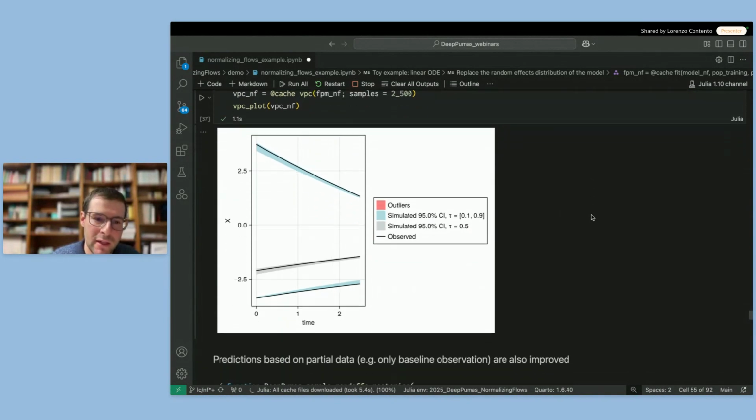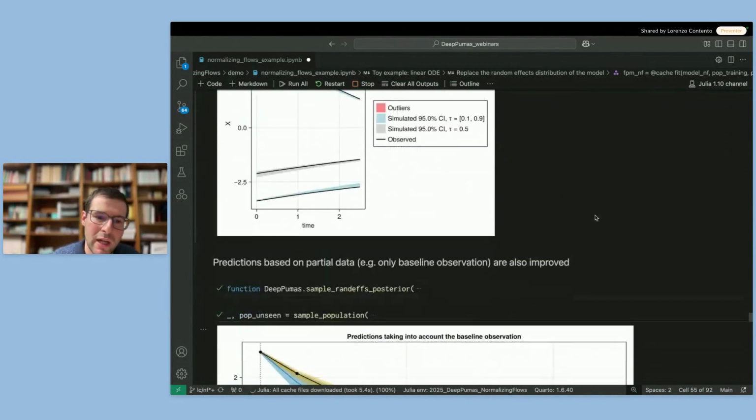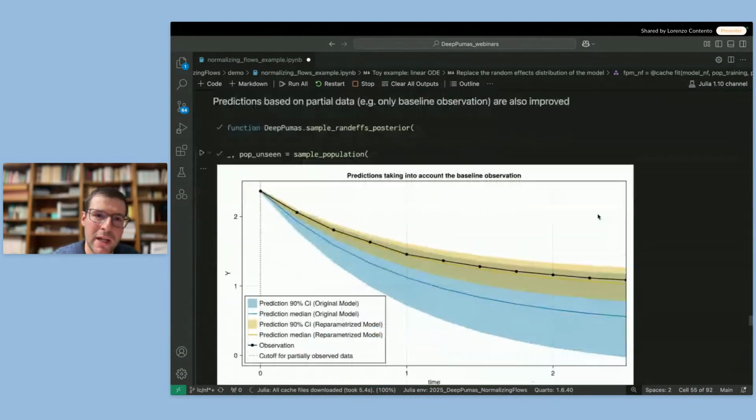And for the final plot, I will also show how performance on partial data is improved. So we will now assume that we look at new subjects not present in the training data. And for these subjects, we only have one or two observations. Given those observations, we want to try and predict the future behavior of that subject.